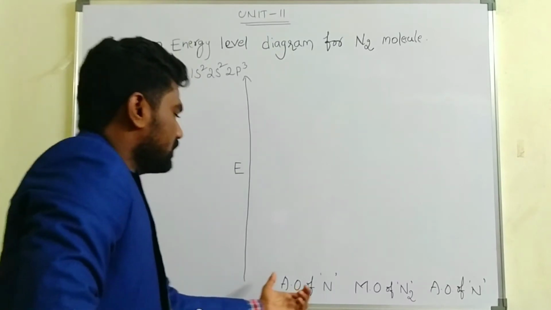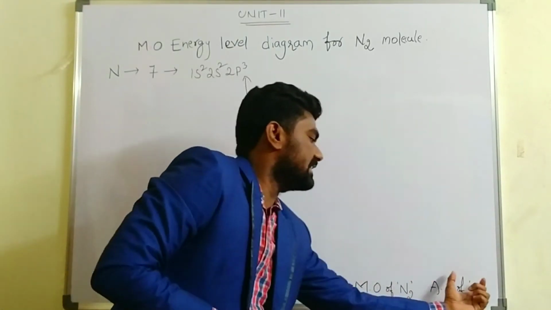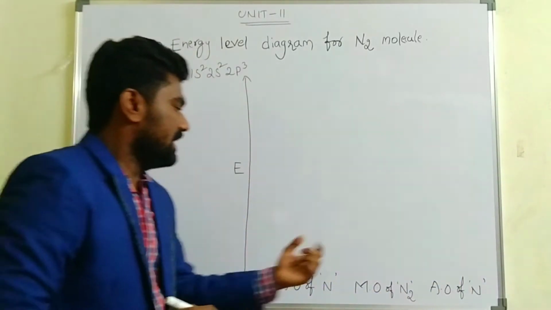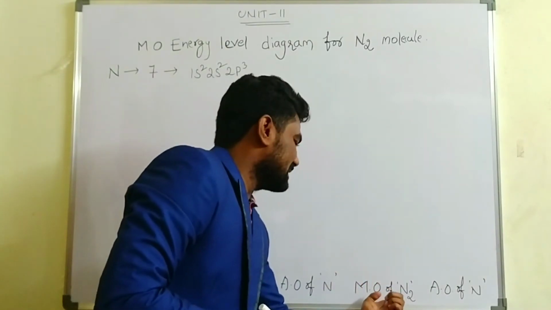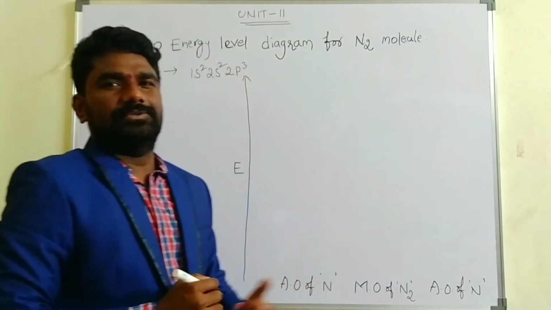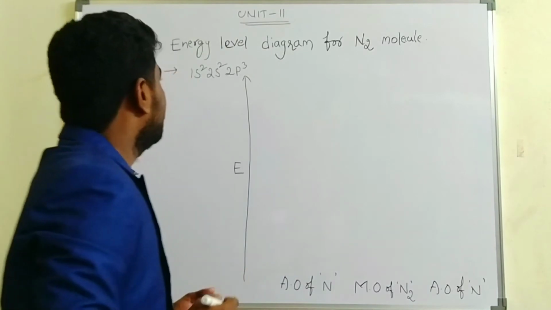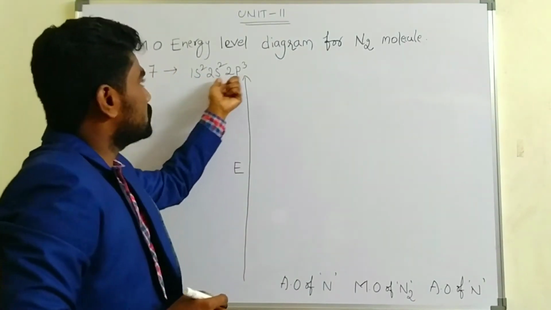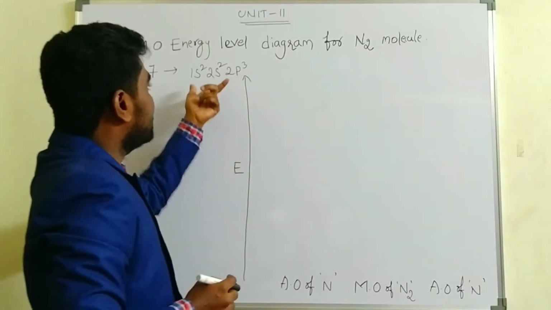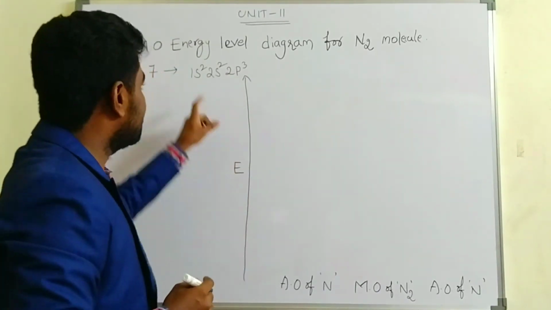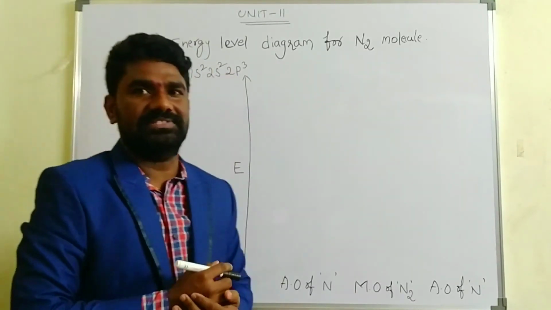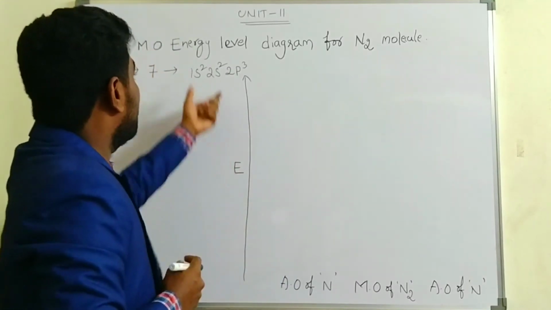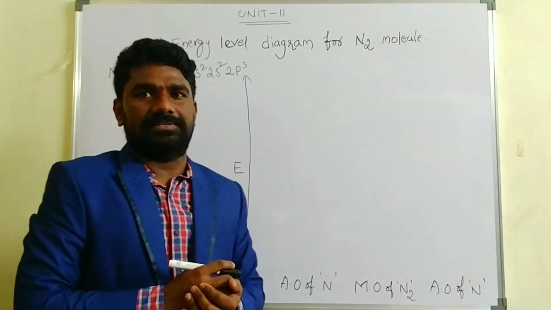That means here we are going to take left side and right side atomic orbitals of the nitrogen atom. In the middle, we are going to construct the molecular orbitals of the nitrogen molecule. Okay. If you observe here the nitrogen electronic configuration 1s2, 2s2, 2p3, here we have three different types of orbitals 1s, 2s, 2p, isn't it? Three types of atomic orbitals are present.